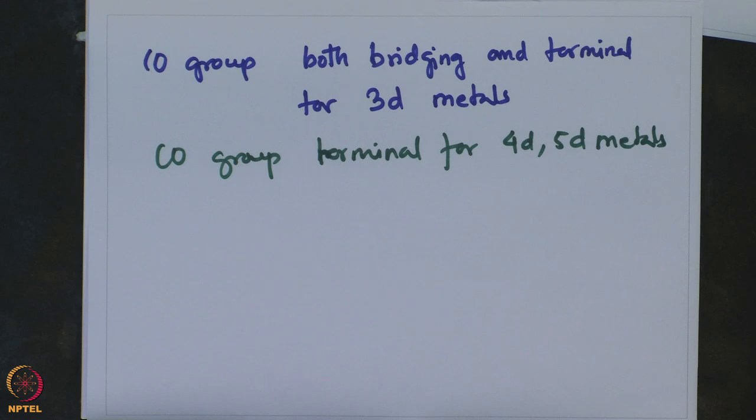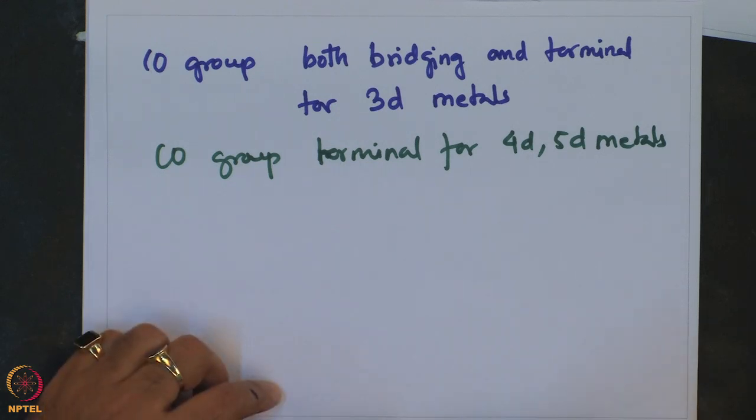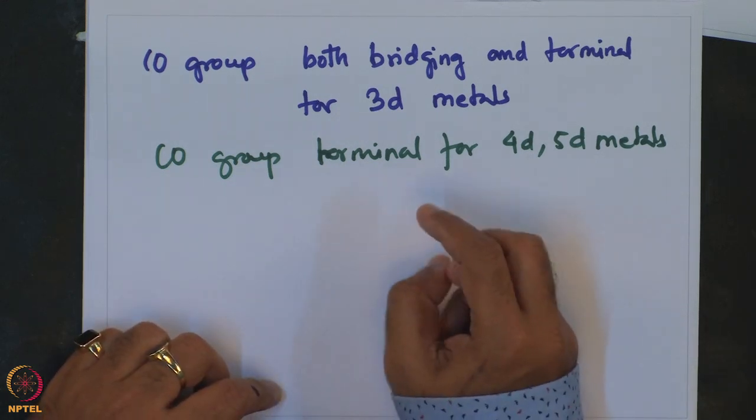The reason is very simple: 4d and 5d being bigger than 3d, the bridging binding is not favored. So, I am going to illustrate this in the following example.